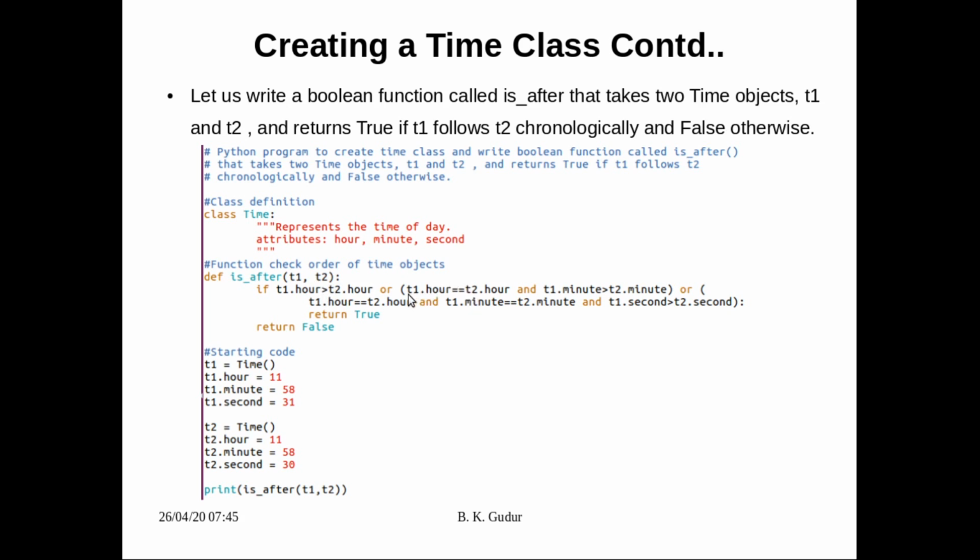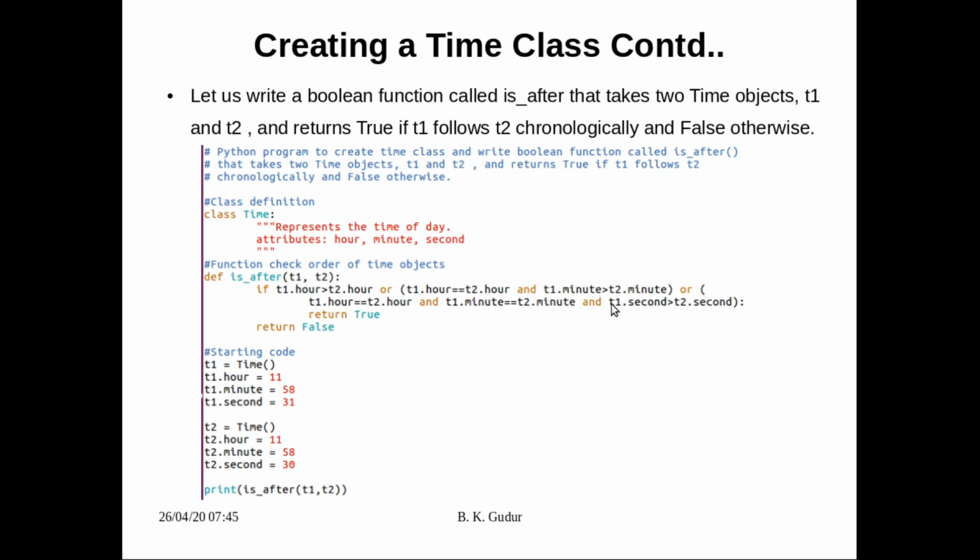Let us consider if T1.hour is equal to T2.hour, and it should be true, and apart from that T1 minutes should be greater than T2 minutes. If hours are equal, and T1 minutes is greater than T2, if it is true, then it will not go to the next one.